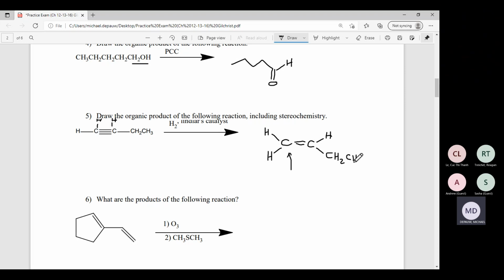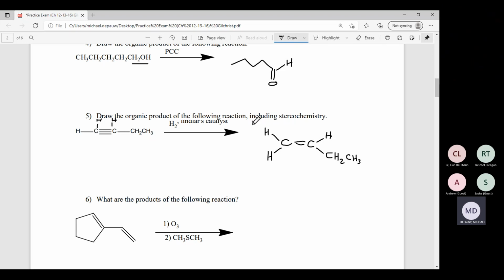This is not going to be a cis molecule. This would actually have no stereochemistry whatsoever. If you flip it, it's the same thing. So no stereochemistry, and you could just draw it like this.